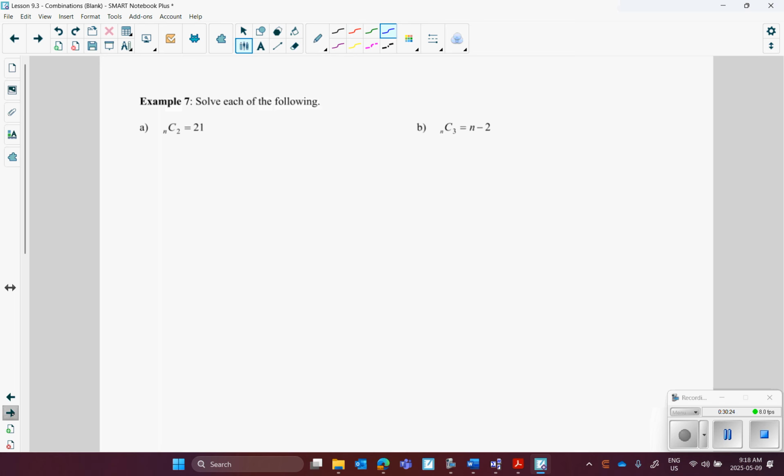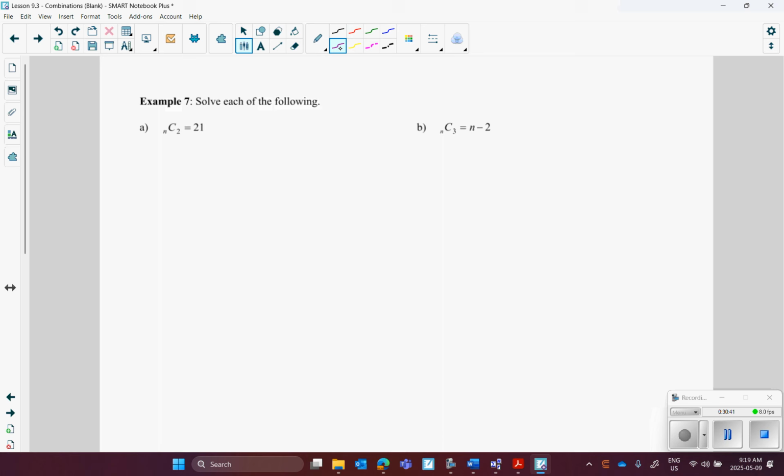With permutations, we saw ones like this, where we had to solve, and there were certain restrictions. If you remember how we did these, we had to use the formula and then use algebra.